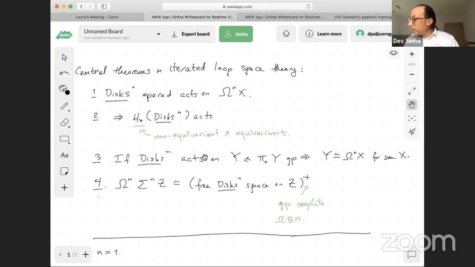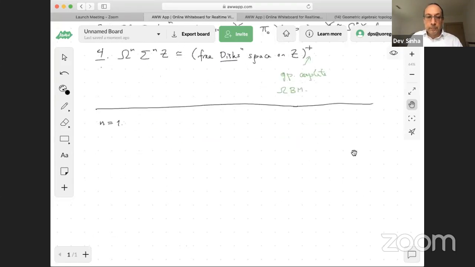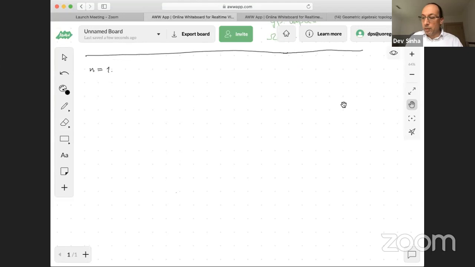What we're going to see is that, well, we'll state it, I don't know if we can say we'll see it, but disks 1 is equivalent to an operad called A infinity, and we'll see that in more detail.